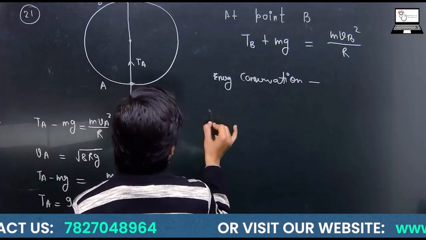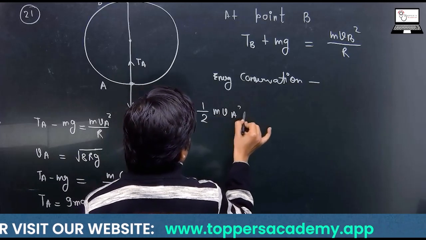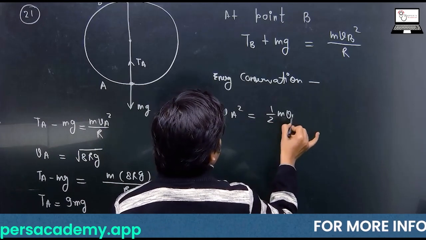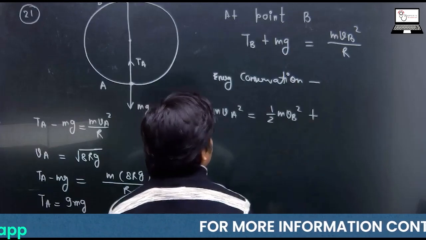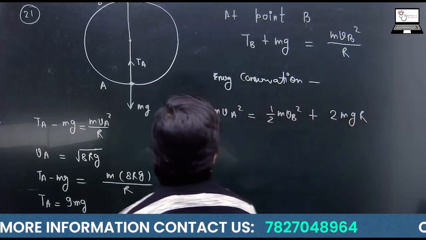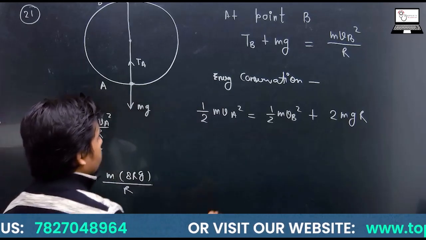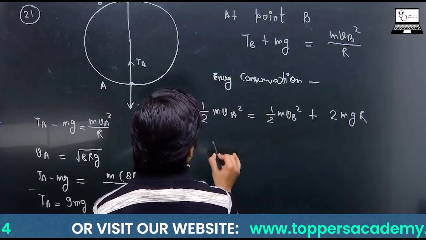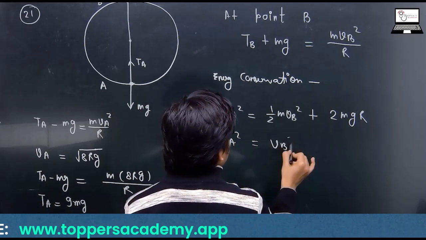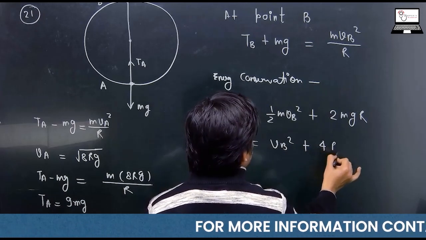So I can write that 1 by 2 m VA square is equal to 1 by 2 m VB square plus twice mgr. Using that you can find out what is the velocity at point B. If we solve it, VA square is equal to VB square plus 4rg.